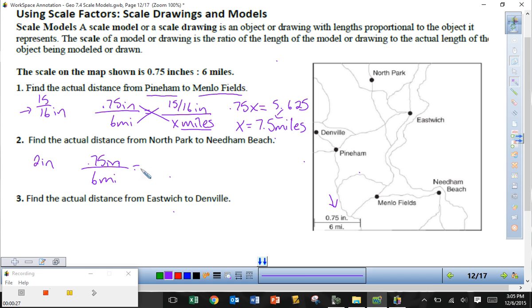And on the other side, we're going to say 2 inches would correspond to how many miles then? If we cross multiply and divide again, that's 0.75x equals 12. And then divide by 0.75 on both sides. So x is 16 miles.